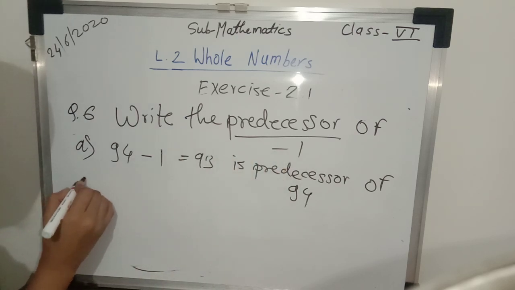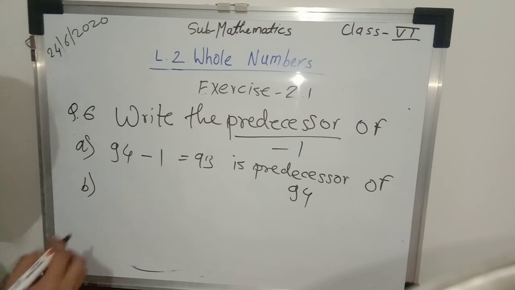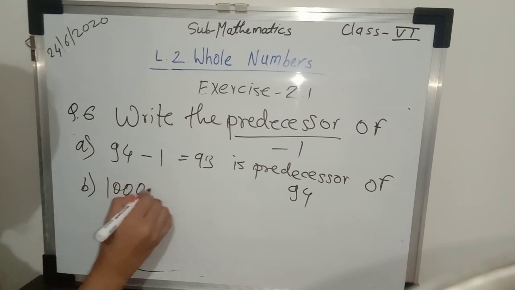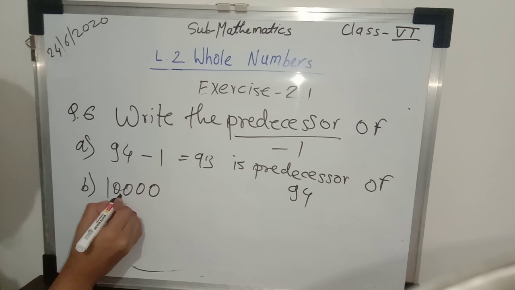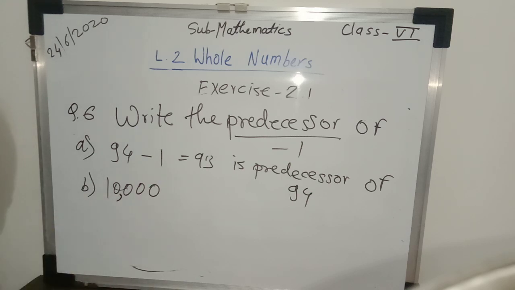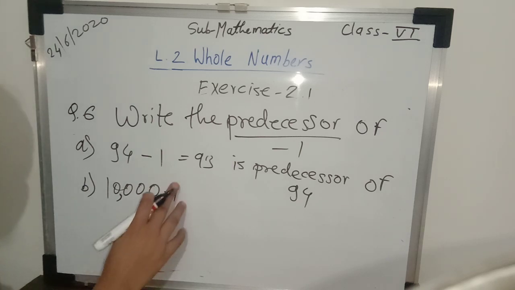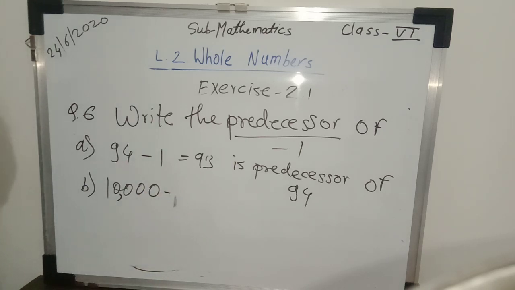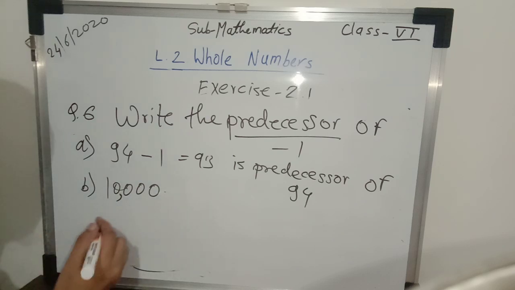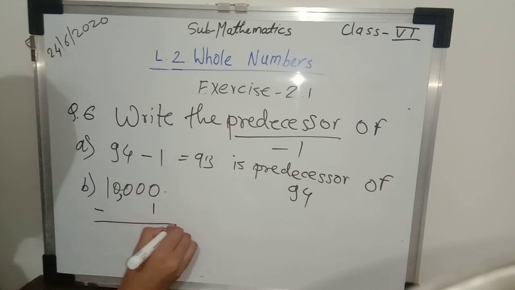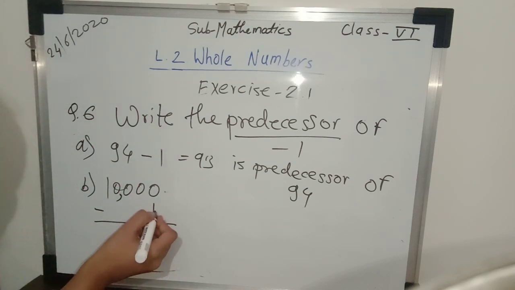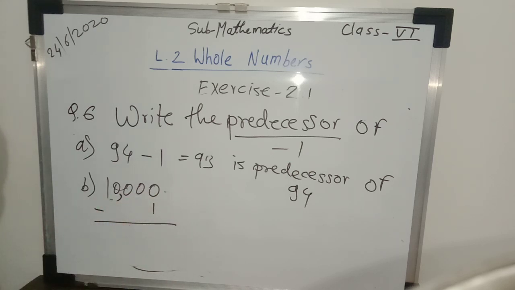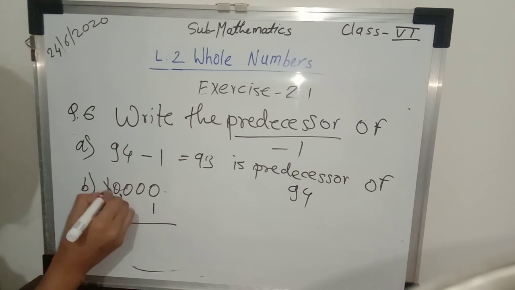To find out before number, what we have to do, we have to subtract the 1 from the given number. Now let's see the B1. Now here, okay, so 10,000 they have given, and we have to find out the before number of 10,000. So what we have to do, we have to do the minus 1. We can't subtract the 1 from the 0. Here 4 zeros are there and only 1 is there, so we have to borrow 10. Okay, so here will be 9, 10, again 9.